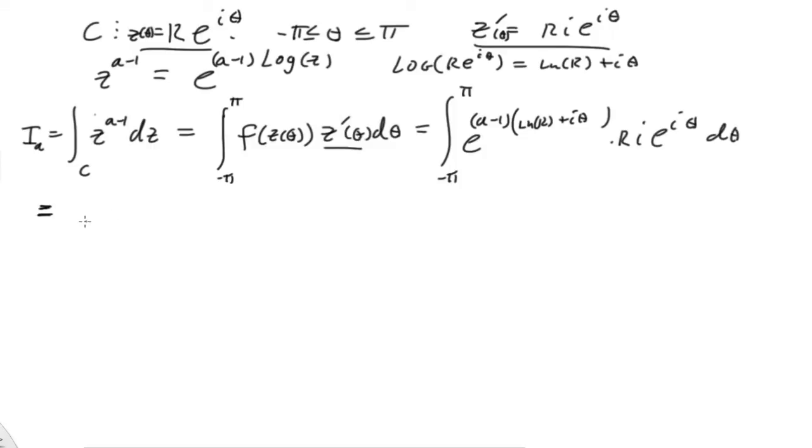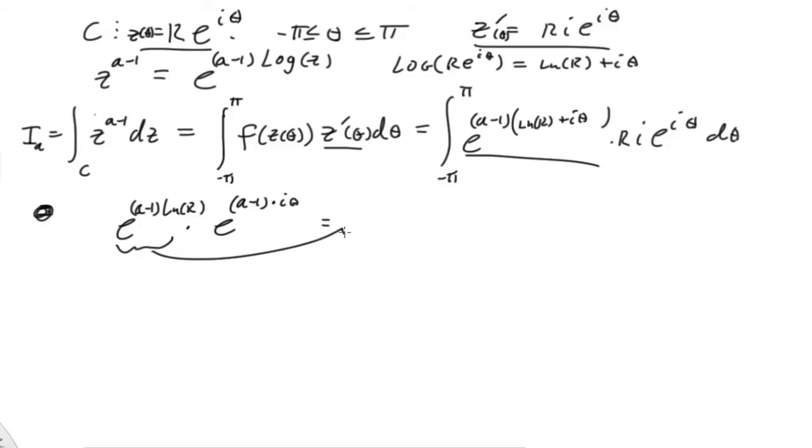A little aside here: e to the a minus 1 times natural log of r, and e to the a minus 1 times i theta. That's just breaking this into pieces, different factors. This factor clearly becomes r to the a minus 1 when I put it back in exponential form.